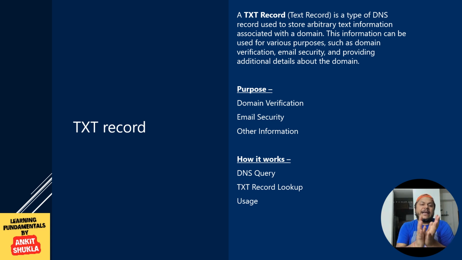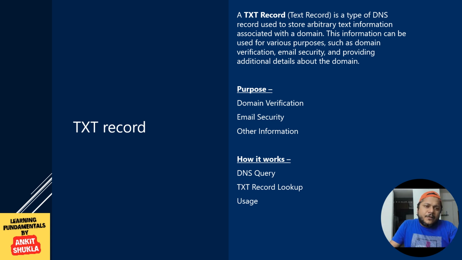Let's understand how TXT actually works. First up, just like all the other records, a DNS query is initiated. When a service or application needs to look up the TXT record for a domain, it queries DNS first. Then once that query is able to identify the TXT record for the domain, the DNS server returns the TXT record, which contains the text information, to the requester.